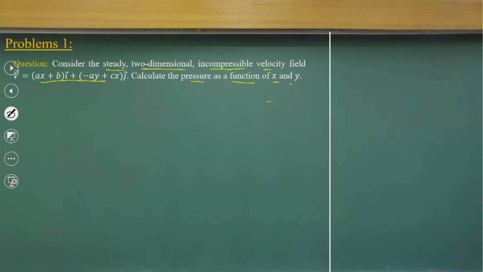If you look at the velocity field given to us, the scalar component in the x direction is u, and you have minus a y plus c x for the other.